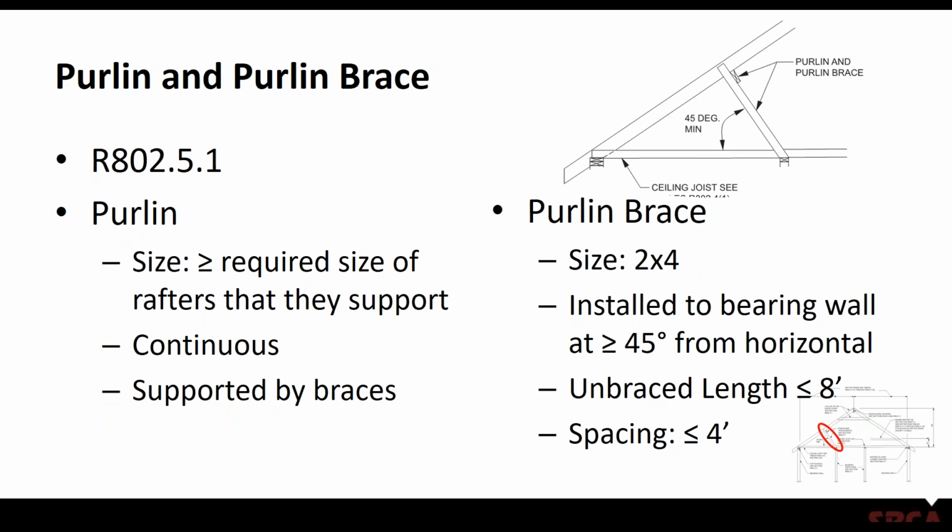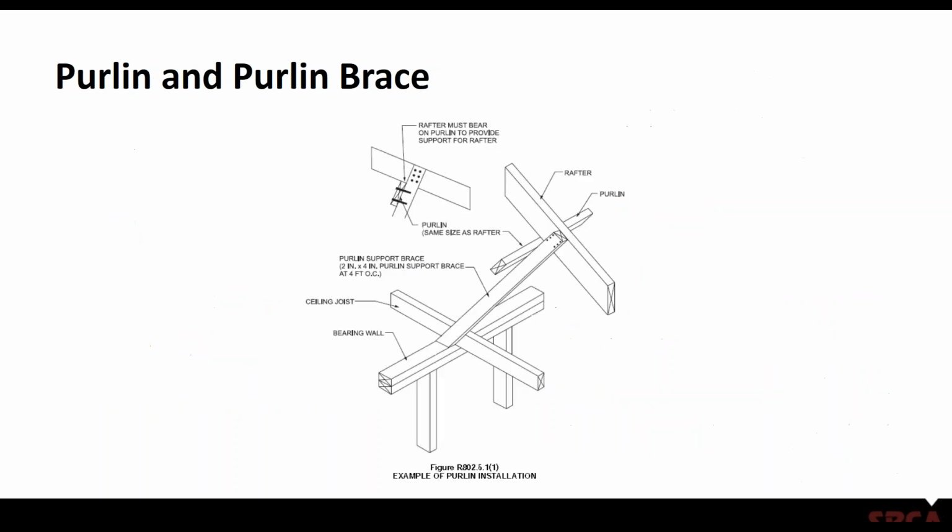It has to be continuous and supported by braces. And the Purlin braces must be a minimum of 2x4 installed to the bearing wall at greater than or equal to 45 degrees from horizontal, unbraced length less than or equal to 8 feet, and spaced less than or equal to 4 foot on center.